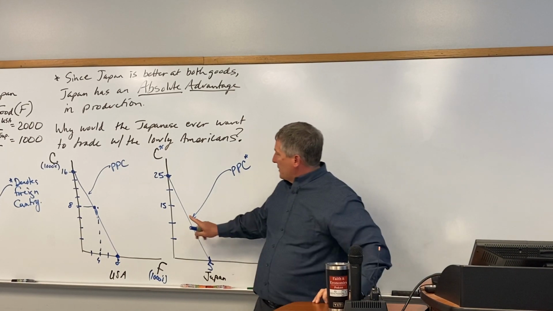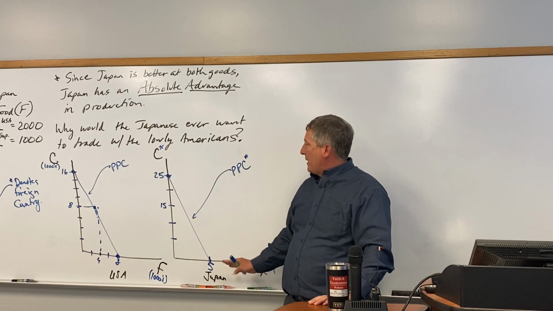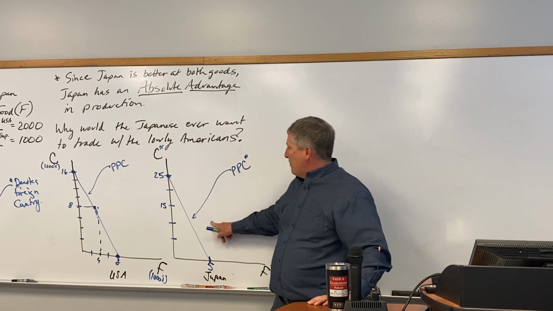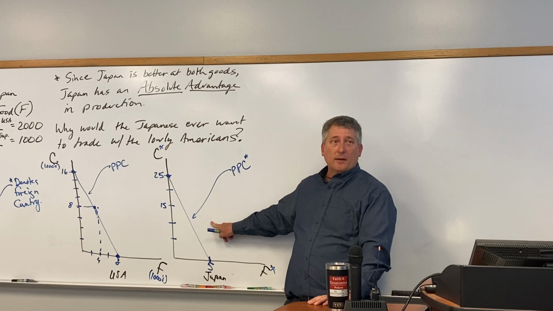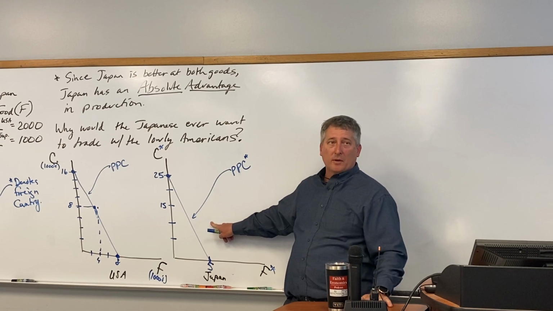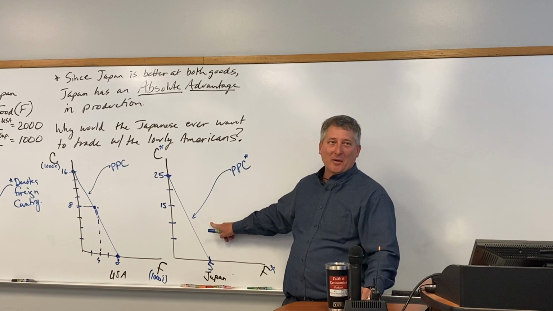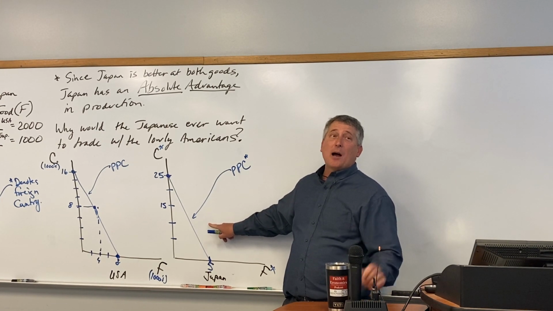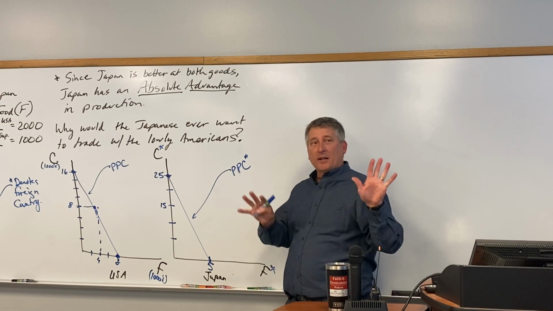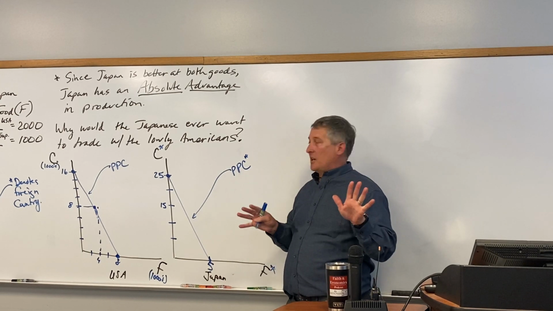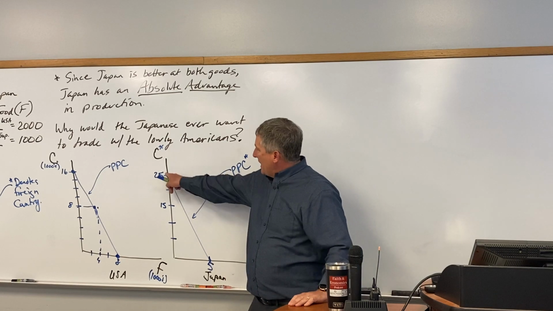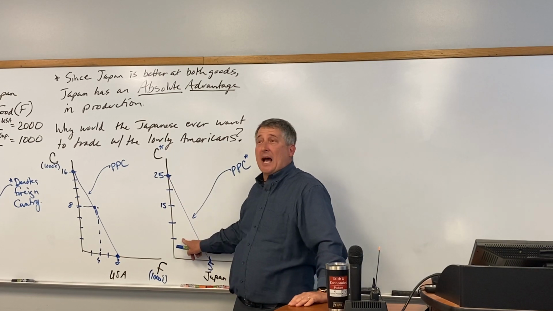First of all, for their production possibilities, it's impossible to be at a point outside. But yes, once we get to that, we'll be able to maybe get outside. If you're jumping ahead, sounds like your mind is going in the direction we're going to go. But it's not with production. So what I'm emphasizing here is what is possible for my country. This country cannot get outside here. Now, could they be inside?